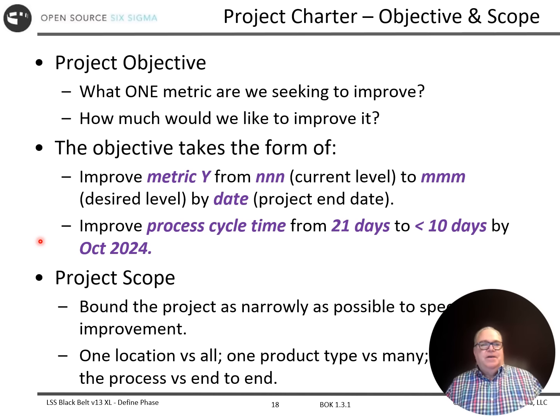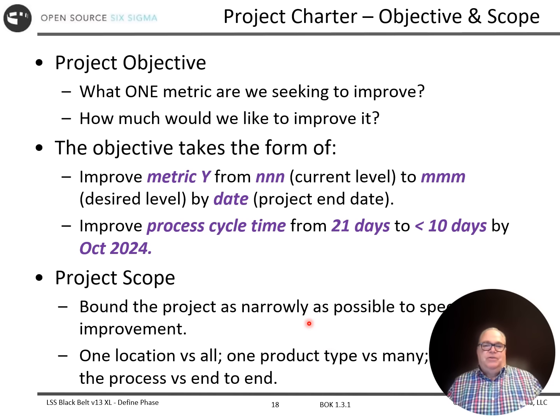Scope, we'll talk more about that as we go, but it also includes the focus tree or the project tree we talked about before. We want to work on a problem that's big enough to make a difference, but small enough that it doesn't take forever to execute. So some of the things we can look at is, well, maybe we fix it at one location versus all locations.